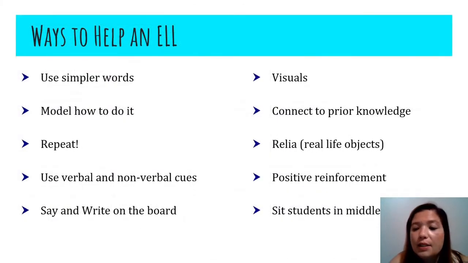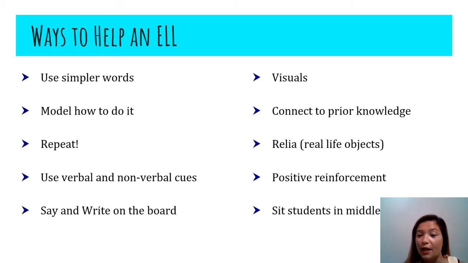Okay, so ways to help an L. These are just simple things you can do in your classroom, which I'm sure you already do. But number 1 says to use simpler words. So for example, if you're giving a definition of a vocabulary word, maybe give the academic definition, and then you could move on and give maybe a kid version of that definition, and use a visual to help with that definition.